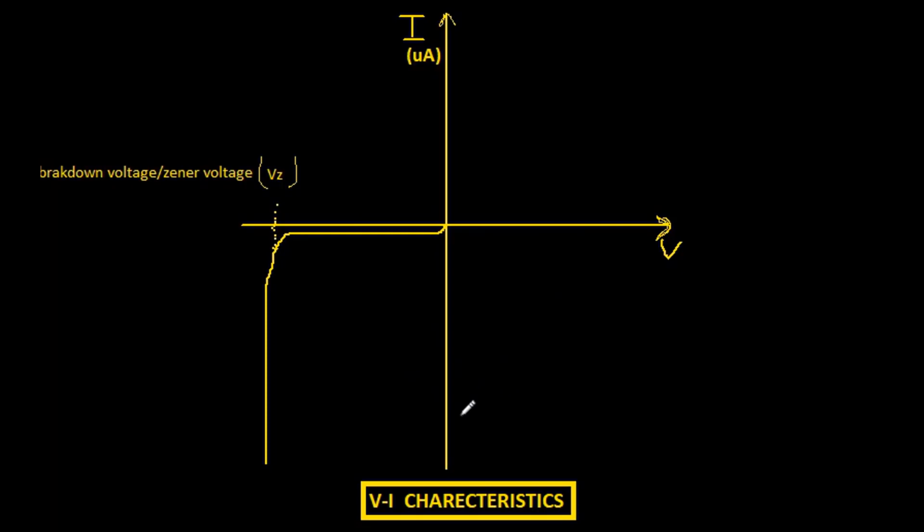At the knee voltage, breakdown of the diode occurs and the current increases rapidly without further increase in the voltage. So the voltage remains the same for a range of voltage. This voltage is also known as the Zener voltage, where the breakdown of the diode occurs. So in the reverse bias condition, the diode can be used as a Zener diode, which is also used as a voltage regulator.